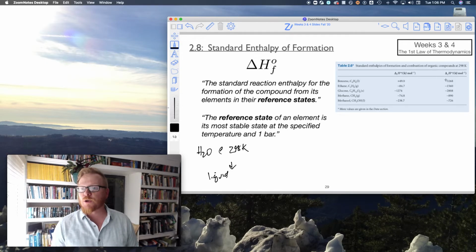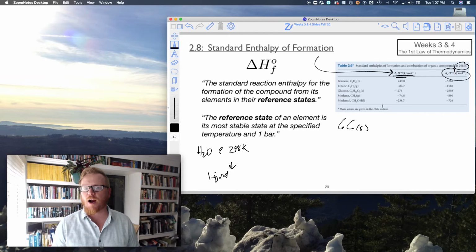What does that mean? So look, on this chart, this is the same chart I showed you. We have enthalpies of combustion. Now here are the enthalpies of formation, okay? So for example, the enthalpy of formation of benzene would be given by the following. I would need 6 carbons, and you notice that this here is at 298 K. So the most stable form of carbon at 298 K and 1 bar is going to be solid, okay?